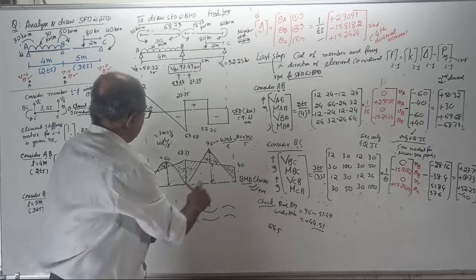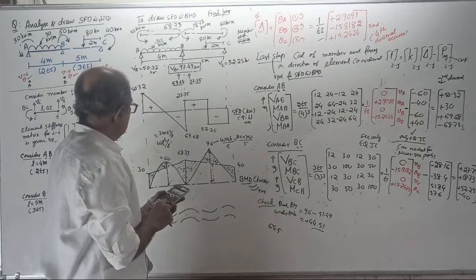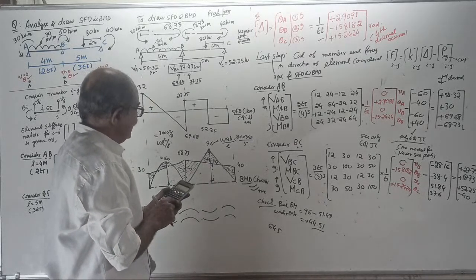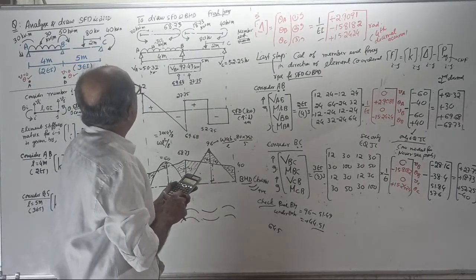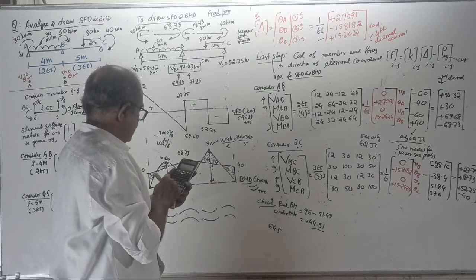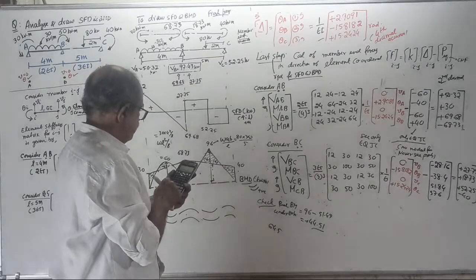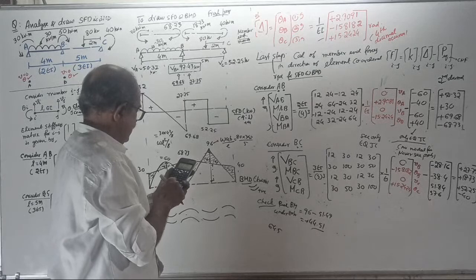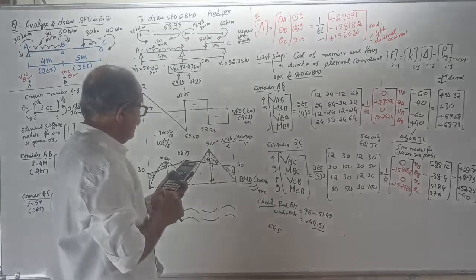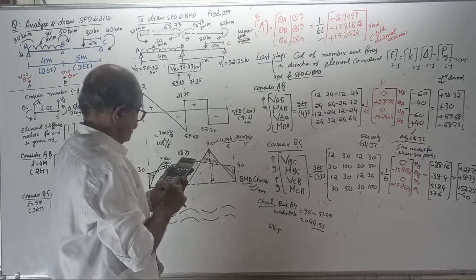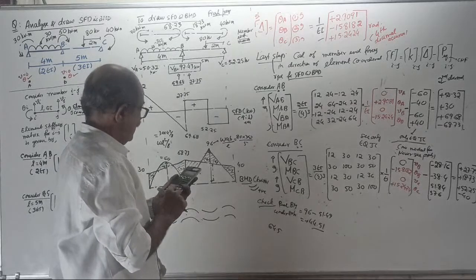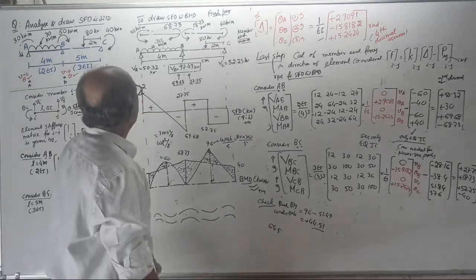If that is 96, what is this value? 68.73. 52.25 is the correct reaction. Now I am getting doubt. One minute. Minus 18.73 plus 40 plus 80 into 3 divided by 5. 52.25 into 2 minus 40 will come 64.51.